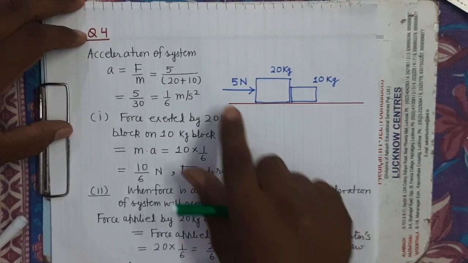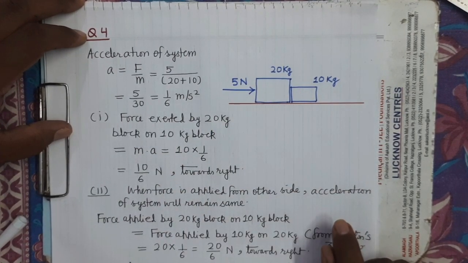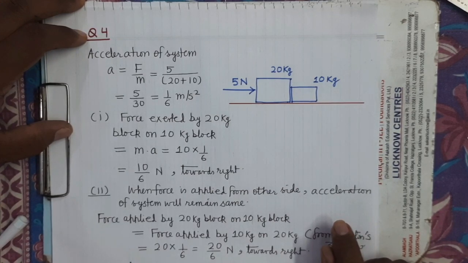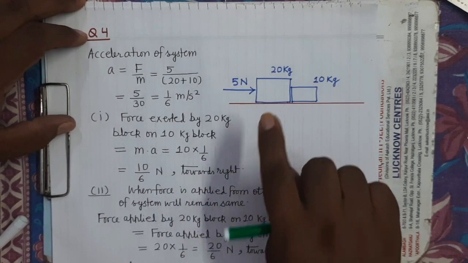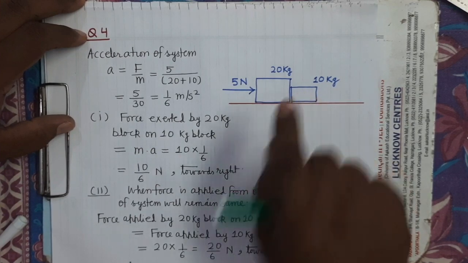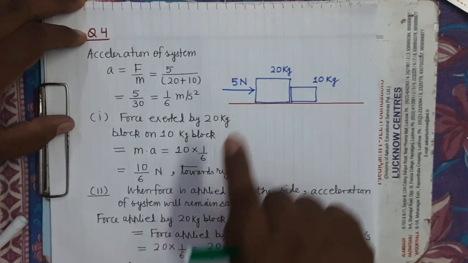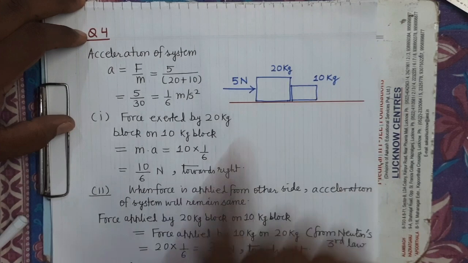A horizontal force of 5 Newton is applied on the 20 kg block as shown. State by what force this block presses the 10 kg block. In the first part you have to find by which force the 20 kg block is pressing the 10 kg block.